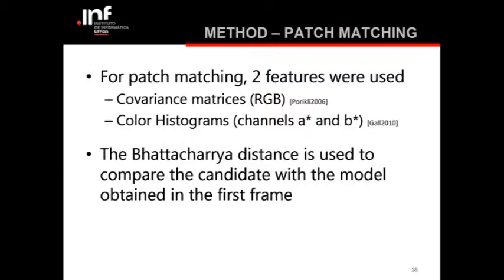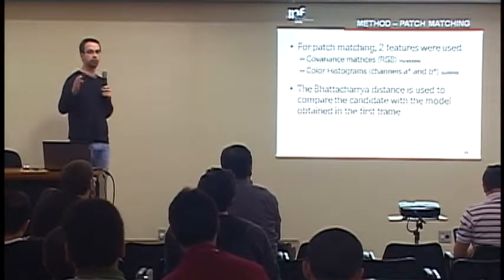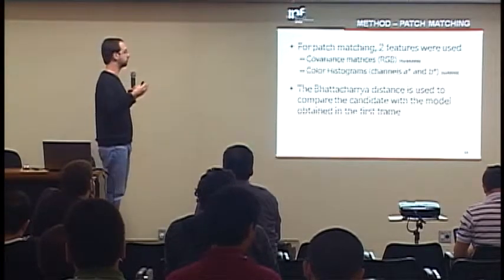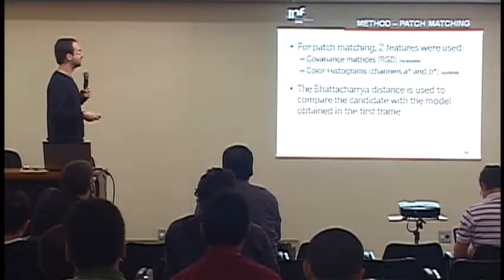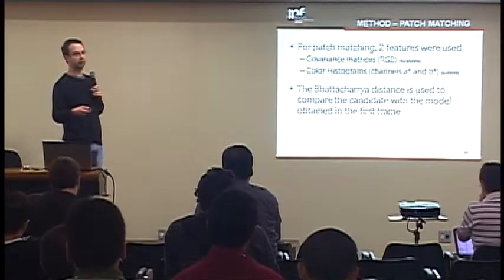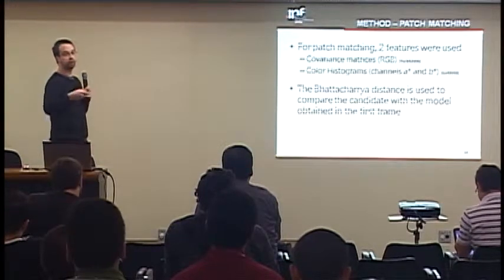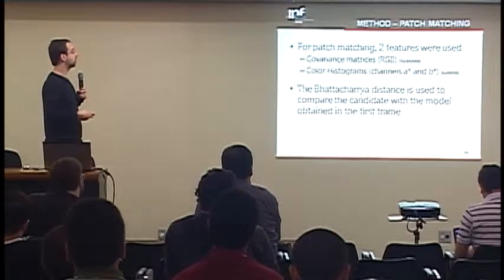We are going to match this. And we use two features here in the paper, but this is not our main contribution. You can add the feature that you enjoy, that you like, and you can use in this framework. But we use covariance matrices, which is also known as covariance tracking, and it's just the covariance matrix of the RGB pixels in the patch, and color histograms.